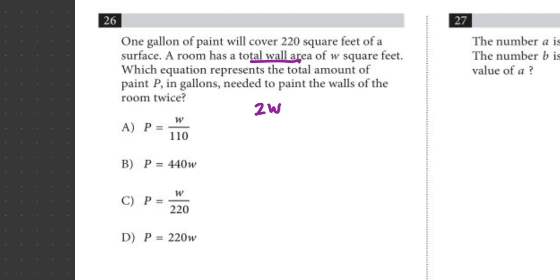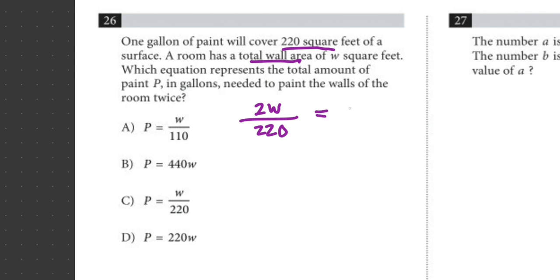It's also given here that 1 gallon of paint will cover 220 square feet. So we divide the total area in square feet of the surface to be painted by the number of square feet covered by 1 gallon. So that would be 2 times the total area, since it is painted twice, divided by 220.